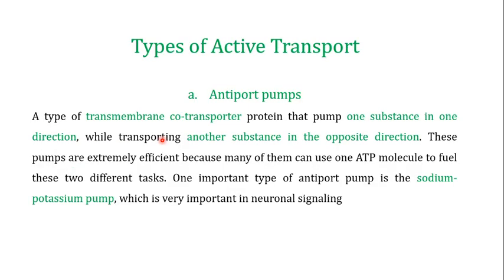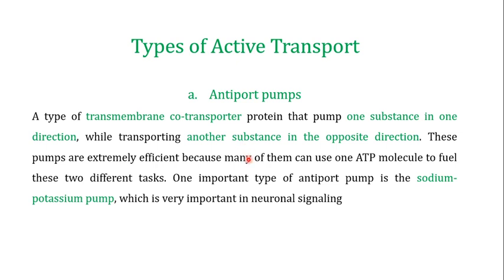When you talk about the types of active transport, one of the important types is known as the antiport pumps. As I've told you, antiport pumps are membrane co-transporter proteins that pump one substance in one direction while transporting another substance in the opposite direction. So you are moving two things, but in opposite directions.